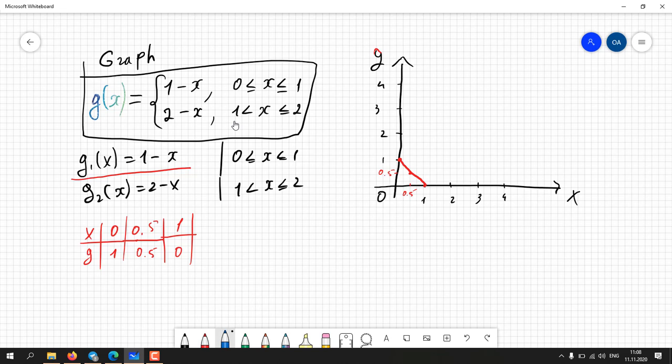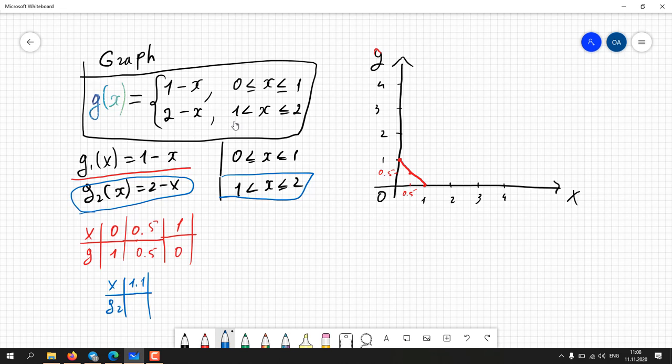Let me choose another color. I want to graph g2 of x now. In this case x varies from 1 to number 2. I cannot plug in number 1, but I can plug in 1.1.